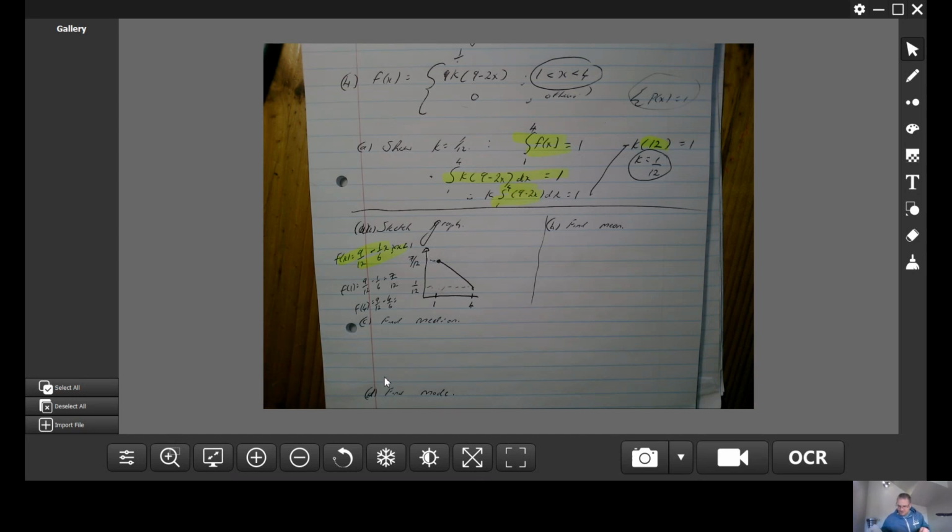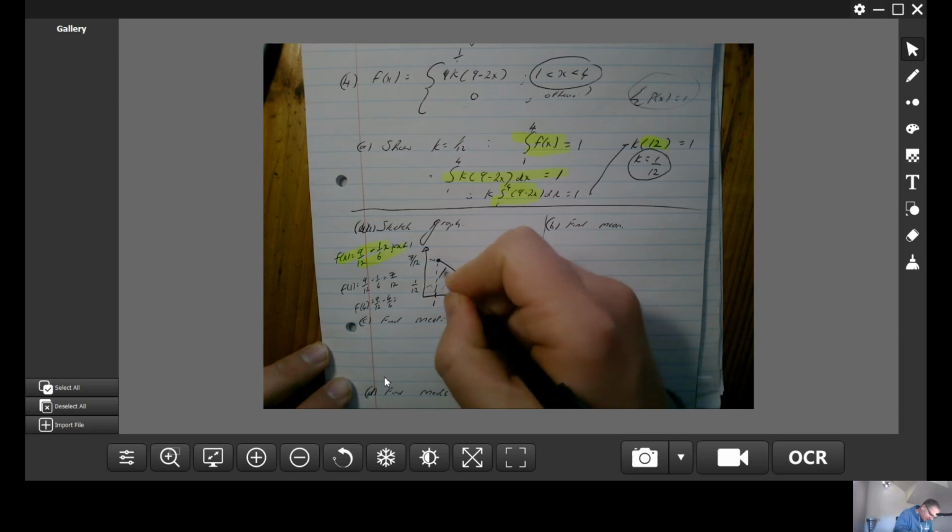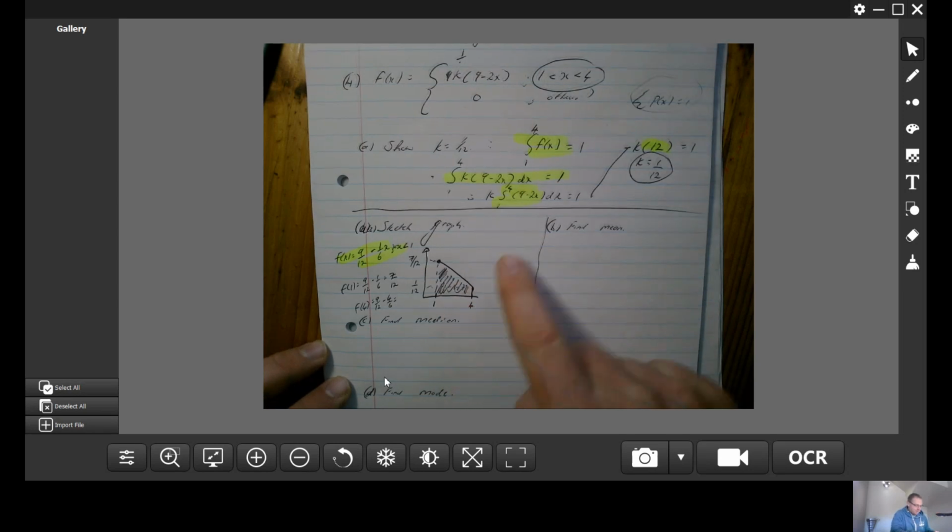And the area of the shaded region, this whole area over there, would have to be equal to 1. That's the principle used in order to answer this question.